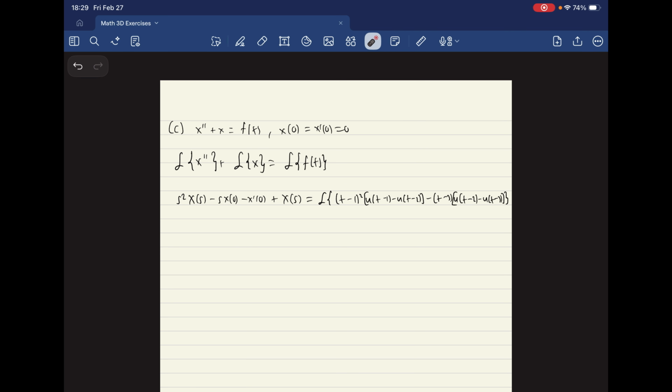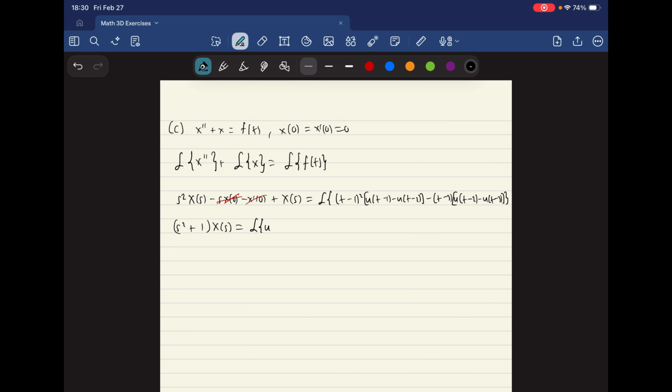And both x of 0 and x prime of 0 are 0. So these terms are going to vanish. And so the left side becomes, after we factor out the capital X, this. And the right side will be the Laplace transform of, and now I'm going to distribute t minus 1 squared into these Heaviside functions, and likewise for the negative t minus 3.